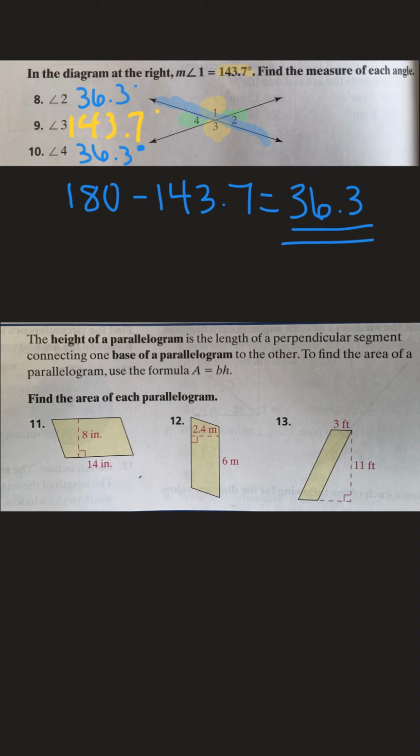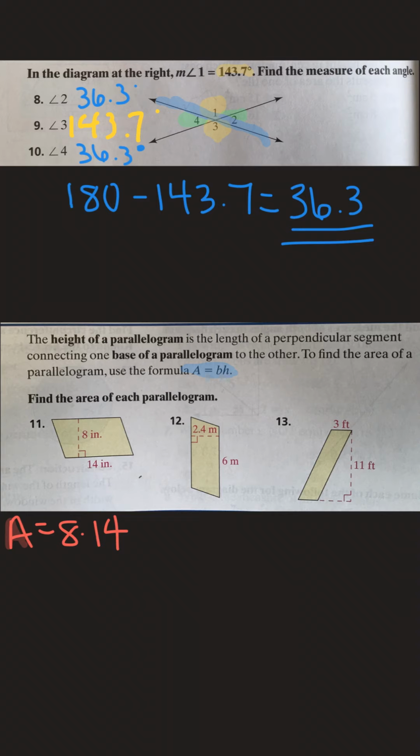Great. So the height of a parallelogram is the length of a perpendicular segment connecting one base of a parallelogram to the other. To find the area of the parallelogram, use the formula area equals base times height. So for number 11, area equals 8 times 14.